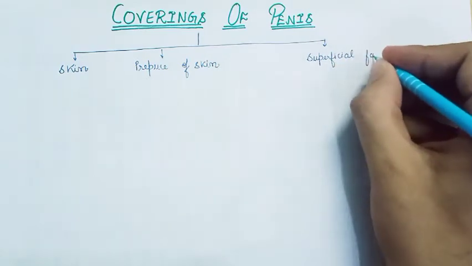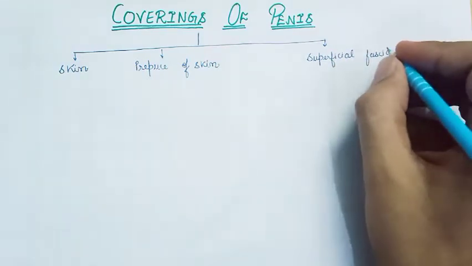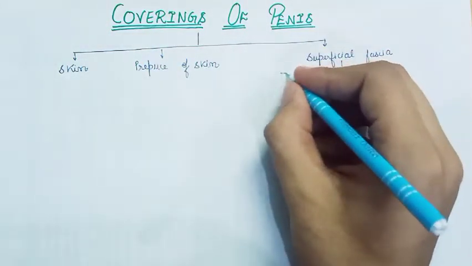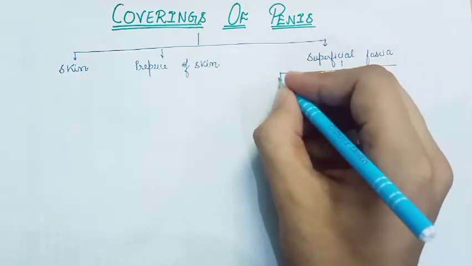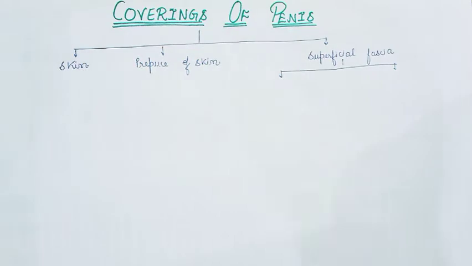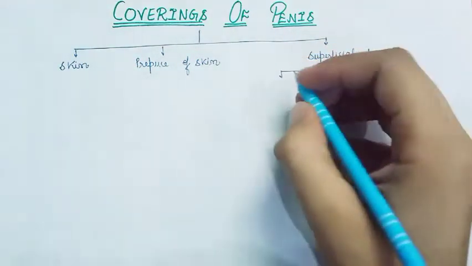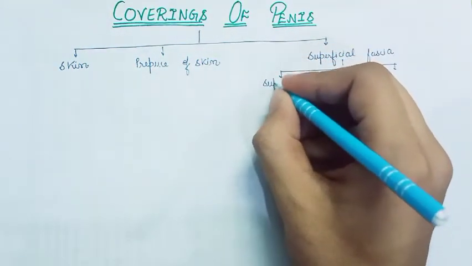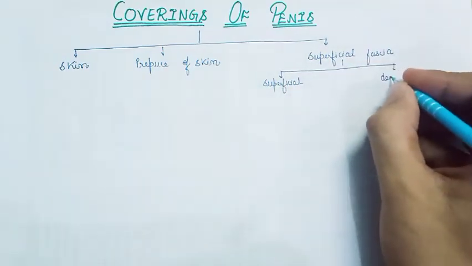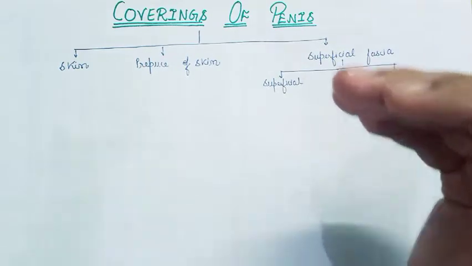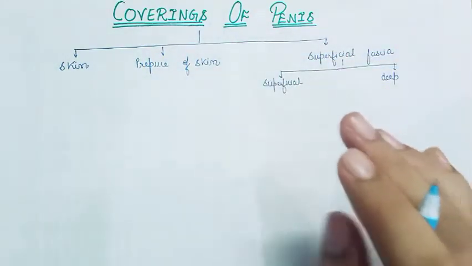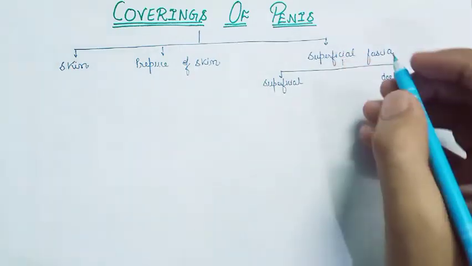So what about the deep fascia, whether it is present or not? It is actually present, because the superficial fascia is made up of two layers, superficial and deep. This deep layer of the superficial fascia in terms of the penis is considered as the deep fascia of the penis, or the Buck's fascia.